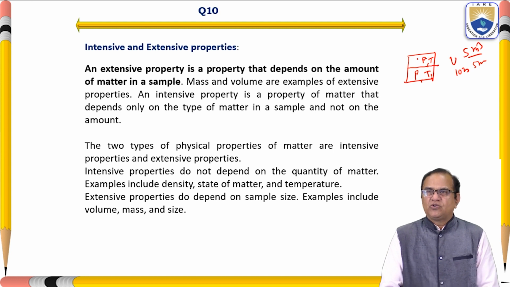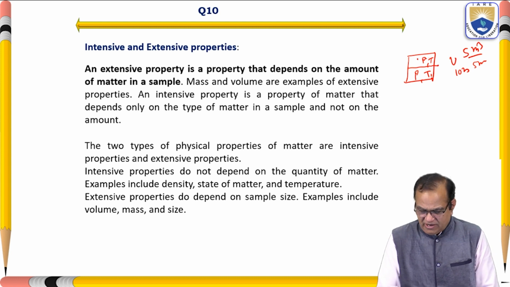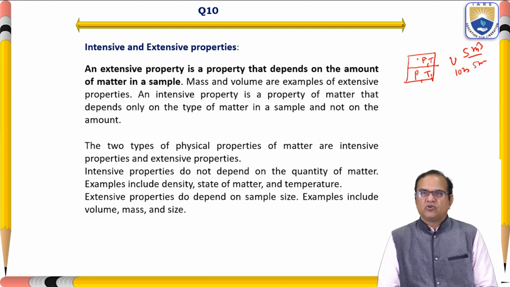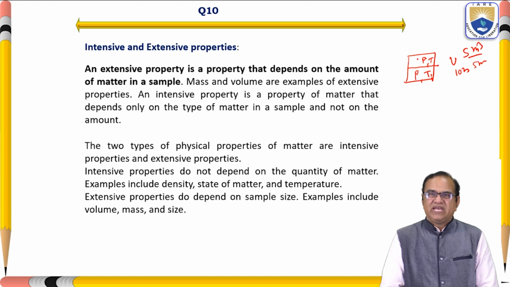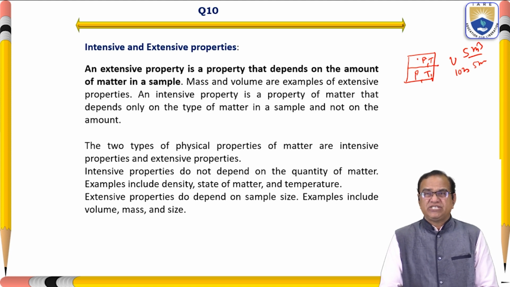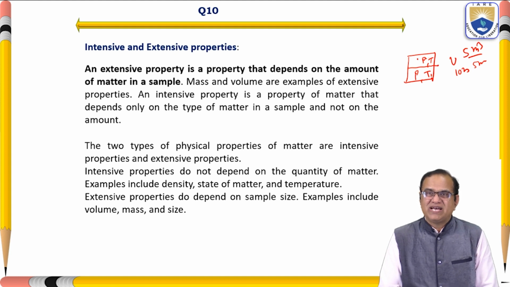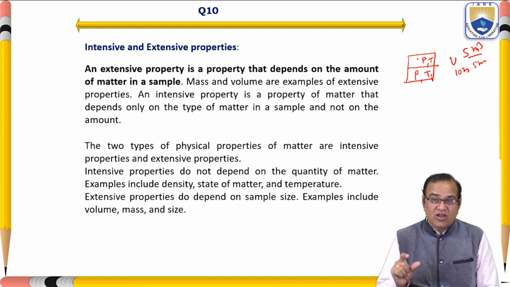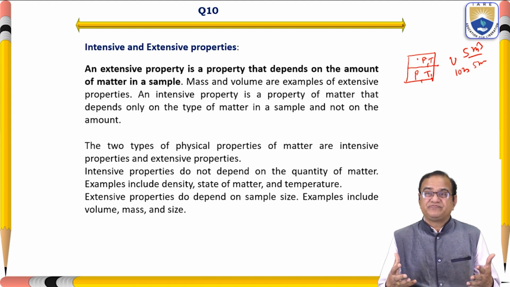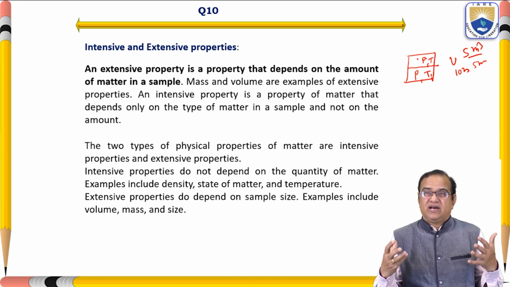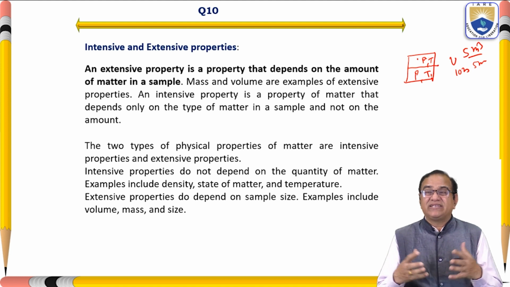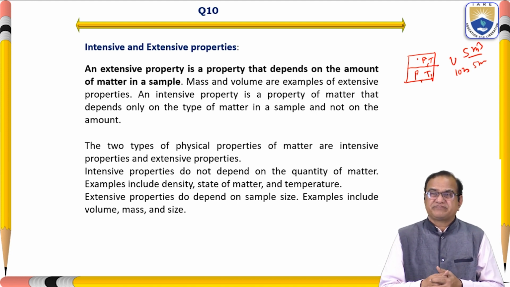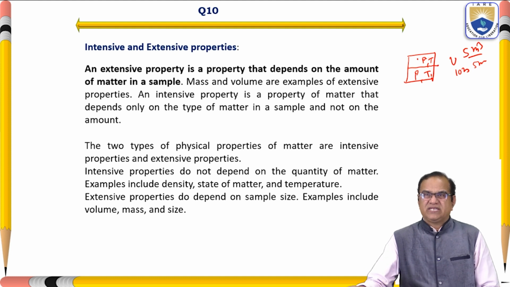Intensive properties do not depend on the quantity of matter. Examples include density, state of matter, and temperature. Extensive properties do depend on the sample size. Examples include volume, mass, and size. So volume, mass, and size are extensive properties. Density, state of matter, and temperature are intensive.